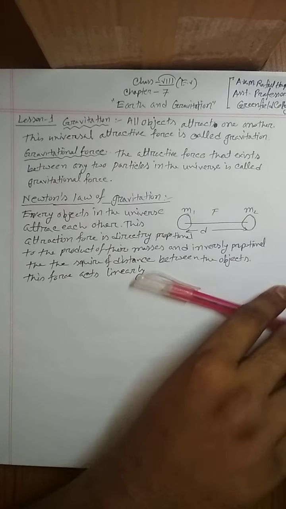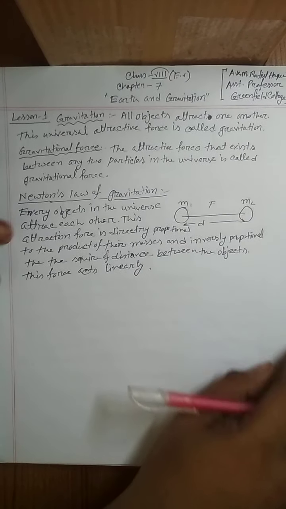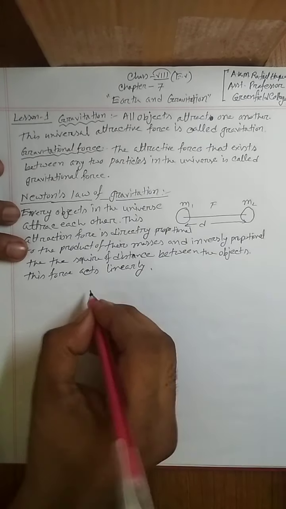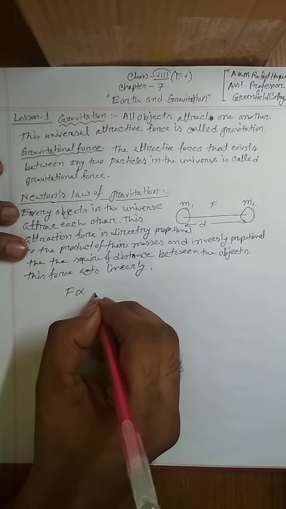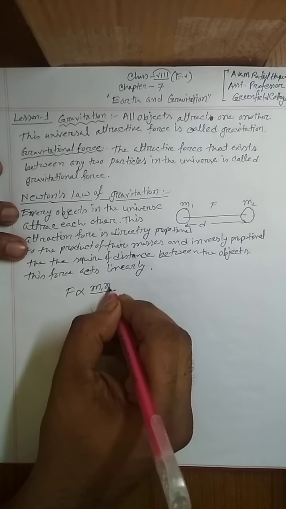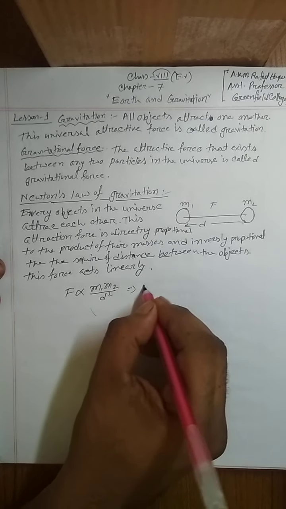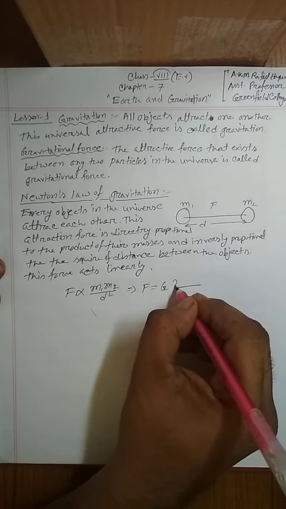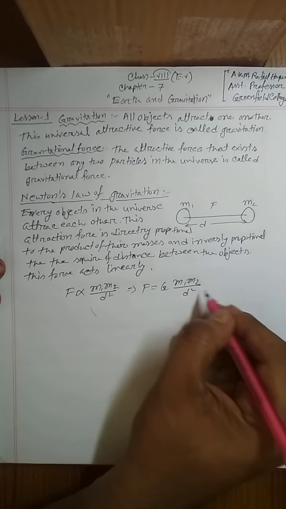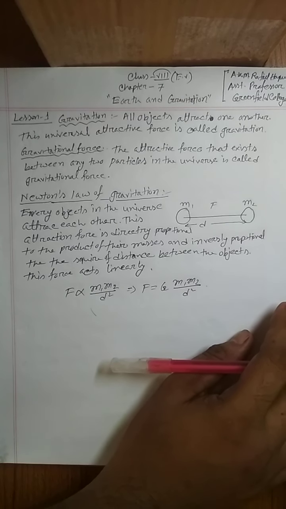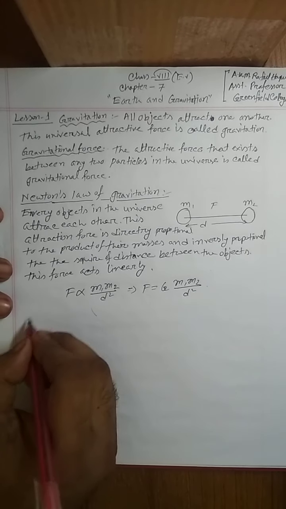Okay, so from this law we can create the equation of gravitation, that is F proportional to m1 m2 by d square, where d is the distance. So F is equal to G m1 m2 by d square. This G is called the universal gravitational constant.